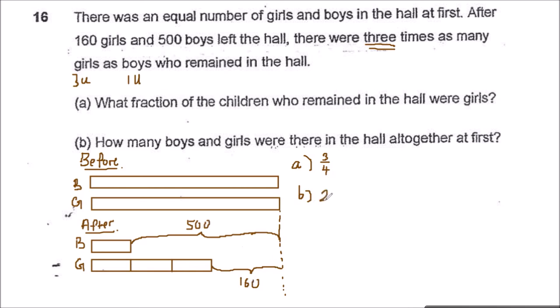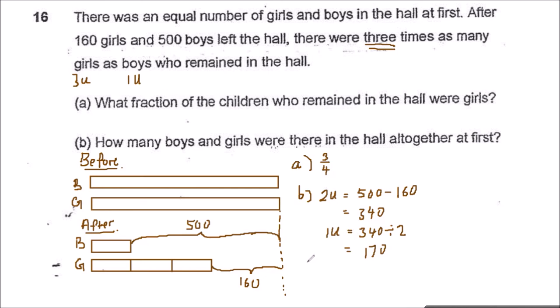So we can write down here 2 units equals this, that would be 340. So 1 unit will be 340 divided by 2, 170.